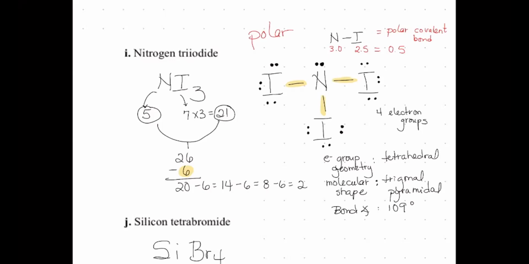Dipole-dipole is in any polar molecule. Hydrogen bonding, you need to be polar, and you need to have a hydrogen bonded to fluorine, oxygen, or nitrogen. So for this molecule, understand that since there's no hydrogens in it and it's polar, dipole-dipole attractions is the strongest attractive force.